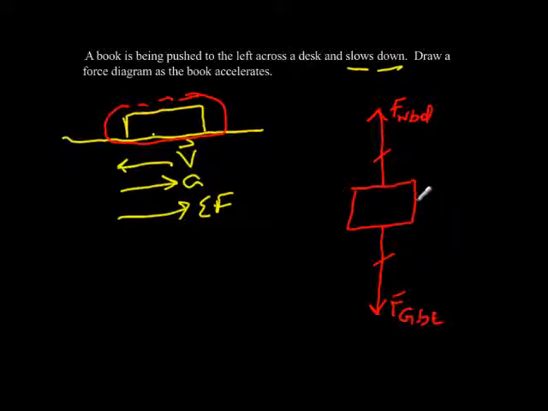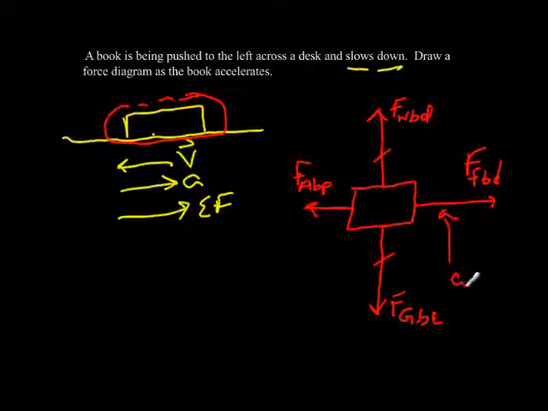I simply need a net arrow in this direction. The force of friction on the book by the desk. That's it. Oh, I'm sorry, it is being pushed, so I do need this one. It just needs to be smaller, on the book by the person. And I hope that helps. These two are not equal. So here I have an acceleration and a net force because the friction is larger than this one. And that concludes this lesson. I hope that helps.